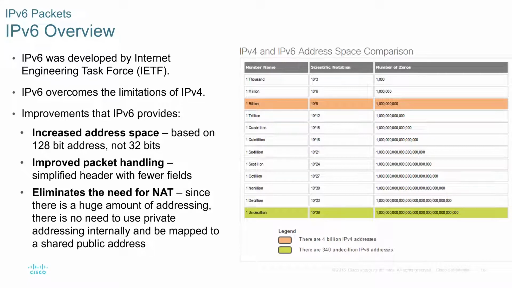So 33 bits would double the number of IPv4 addresses currently available. 34 bits would multiply it by 4 times. If we keep going out to 128 bits, it becomes a huge address space.